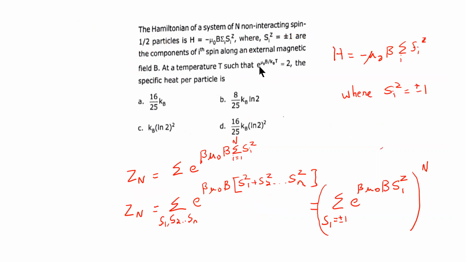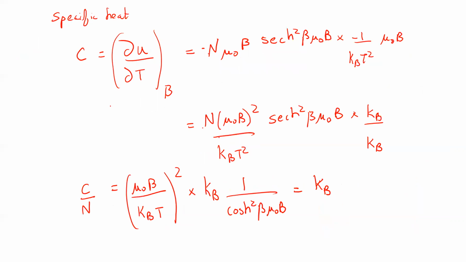That is, e to the power of mu naught B by kB T is equal to 2. Therefore, mu naught B by kB T will be equal to ln of 2, the natural log. So this is the substitution I'm going to make now. So I have kB, ln of 2 the whole square.